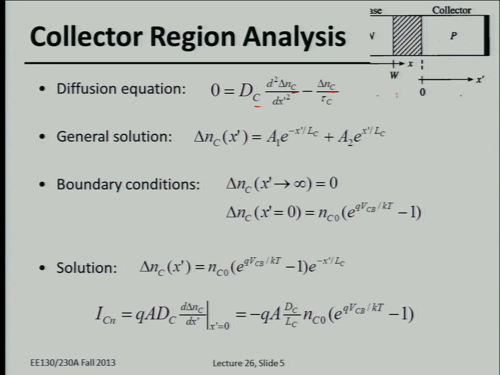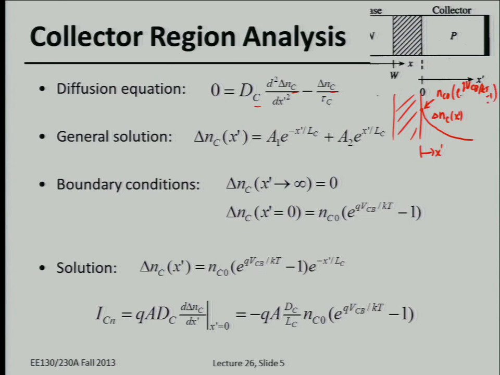You have two boundary conditions. Okay, I'm just going to draw, in this case, it's forward biased in this example. So this is delta n in the collector as a function of, let's say, x prime. And then this value here is nc naught, right? The equilibrium minority carrier concentration enhanced by the exponential factor as usual.